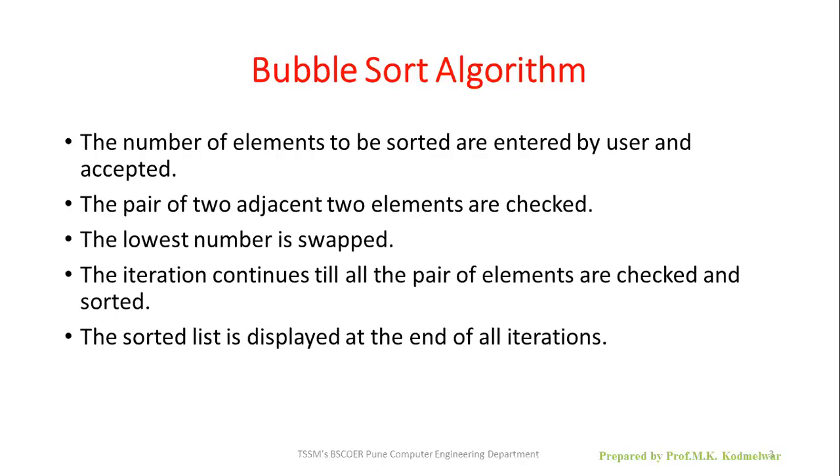Then we will compare each pair of adjacent elements, and according to the value, if it is the lowest, we shift it to the left, and according to that we swap it.